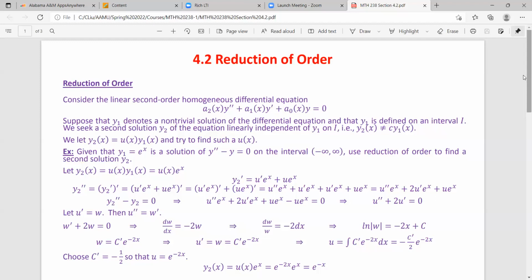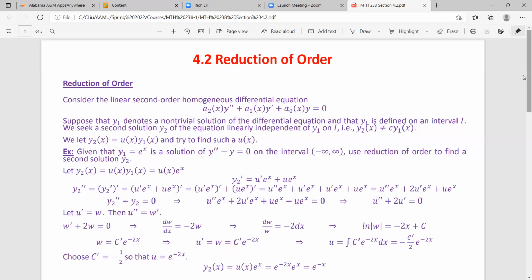Okay, so it's getting a little more complicated. So far we have not even discussed how we solve homogeneous linear higher order differential equations in general. And we also have not discussed anything about finding a particular solution for the non-homogeneous equation.